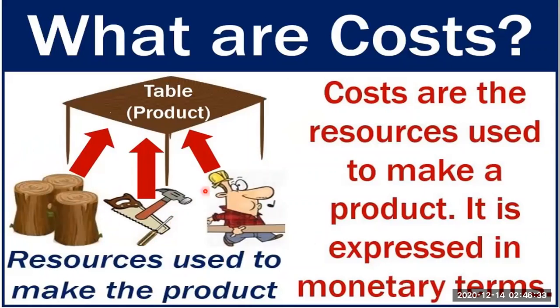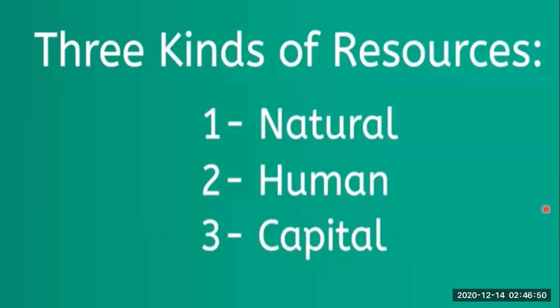Wood, tools, and a carpenter, a person, a professional that knows how to build a table. All right? So probably by now you remember that before talking about costs, we must understand the different types of resources: natural, human, and capital.